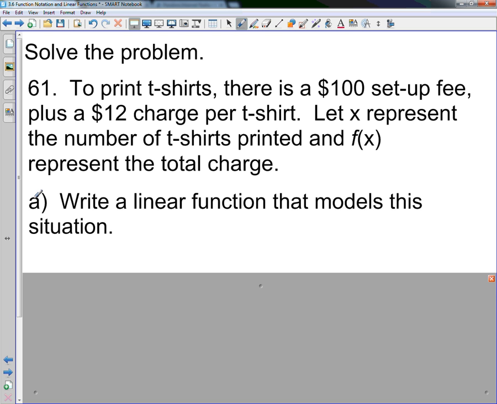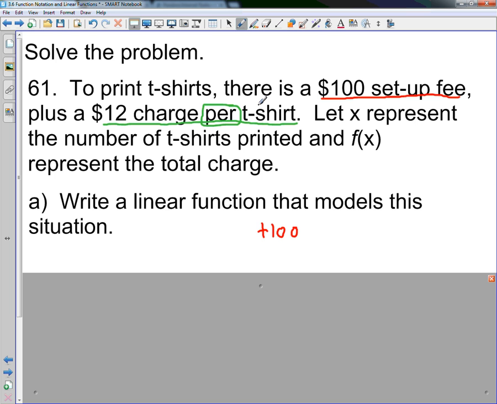So we have, to print t-shirts, there is a $100 setup fee. Well, $100 setup fee, that's your initial price. That's a one-time fee. So I have plus 100 as my setup fee. Now it says there is a $12 charge per shirt. So that per is telling you that this is your slope. And it says let x represent the number of shirts.